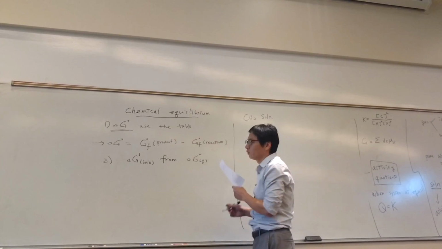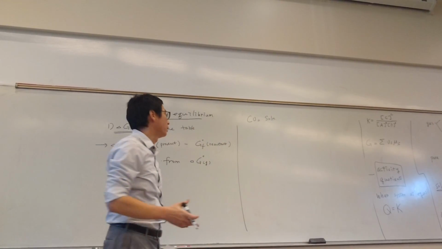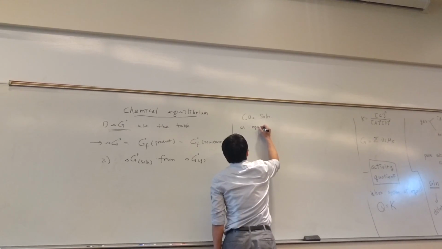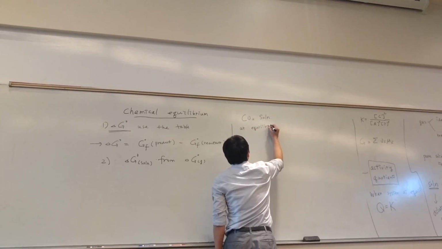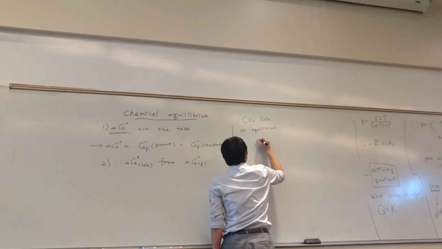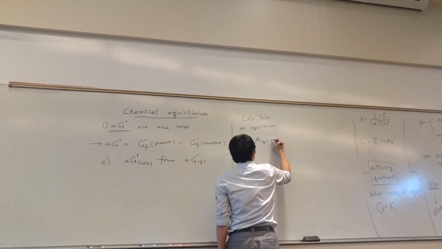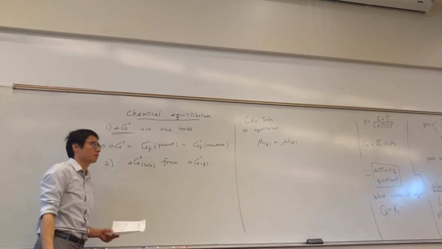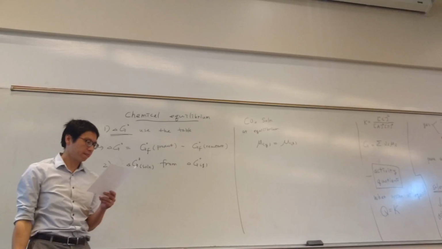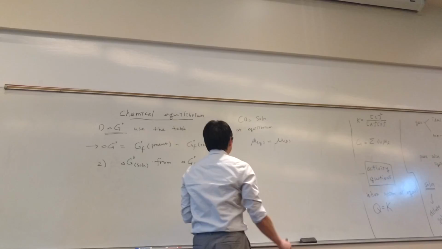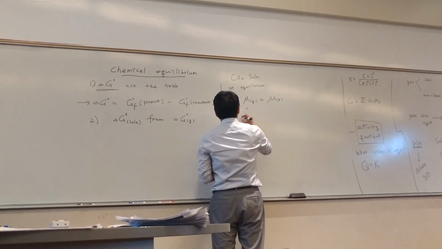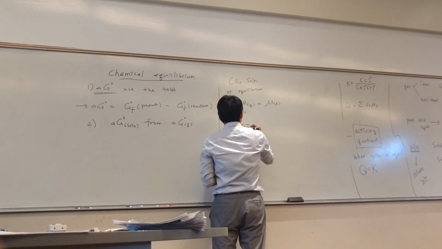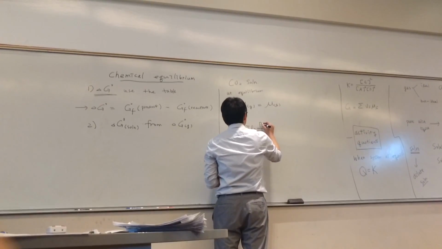Once you reach equilibrium, we always say that at equilibrium, mu G is going to equal mu liquid. And we know how to write mu G, right? Mu G is equal to mu G naught plus RT natural log of P, assuming it's an ideal gas.